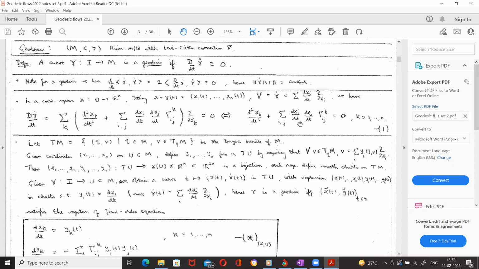So if you are in Rn, all the Christoffel symbols vanish. This second part becomes 0, and you just get the usual equation for zero acceleration, d squared xk/dt squared equal to 0. And the solutions are straight lines. Is this clear?